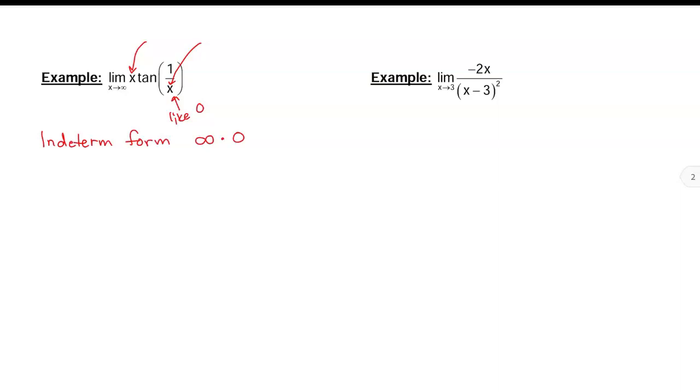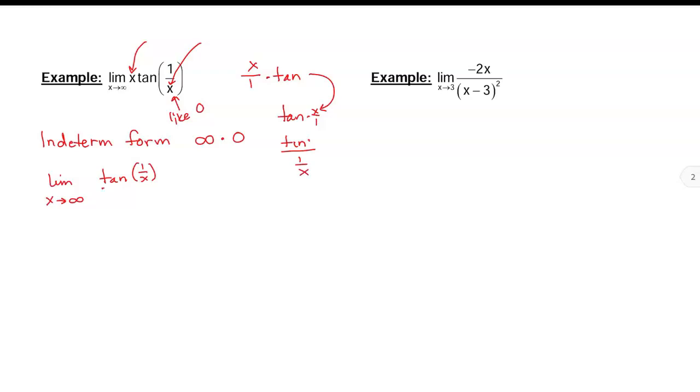So what we're going to do is change that expression so it's in a fraction form. Rewrite limit as x approaches infinity. Leave tangent of 1 over x there, but take x and rewrite it. X is the same as x over 1. So x over 1 times the tangent. Well, if this is x over 1 times tangent, that's the same as tangent times x over 1, which is the same as tangent divided by 1 over x.